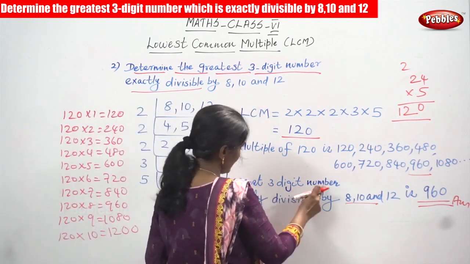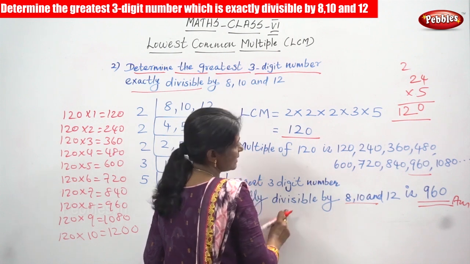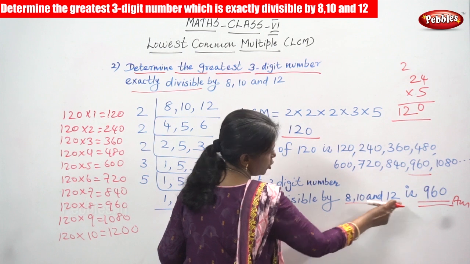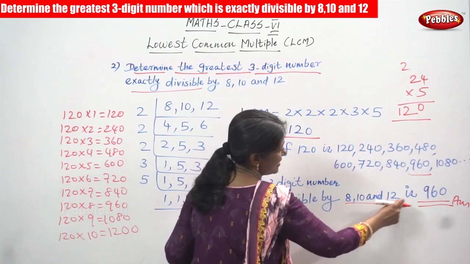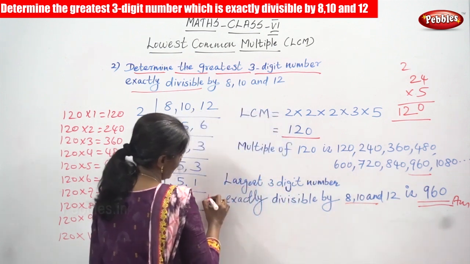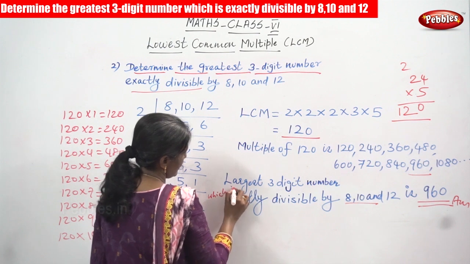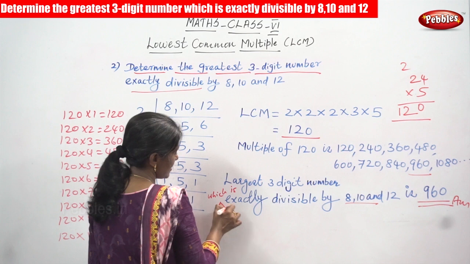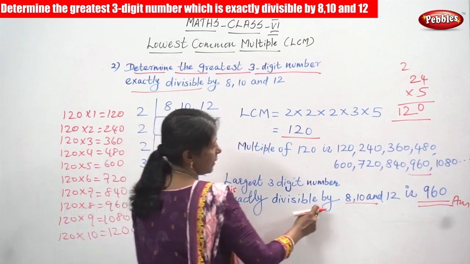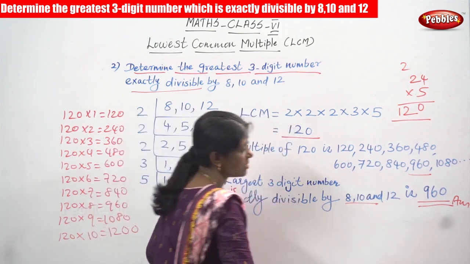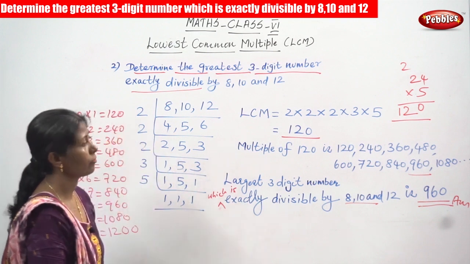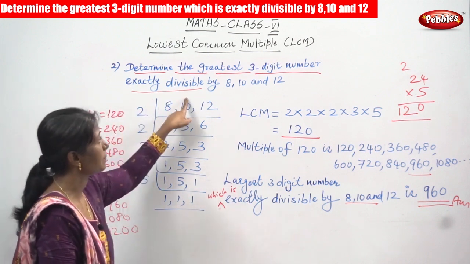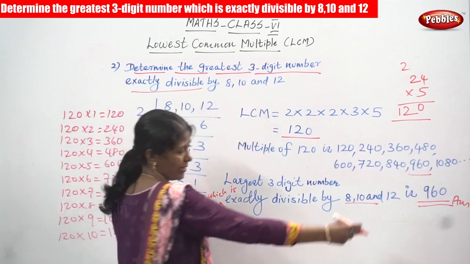The largest 3-digit number which is exactly divisible by 8, 10 and 12 is 960. That is what we found out. So the greatest 3-digit number exactly divisible by 8, 10 and 12 is what? 960.